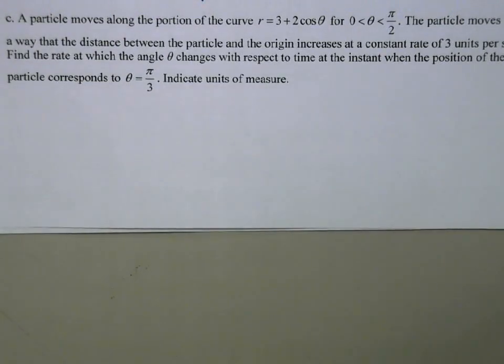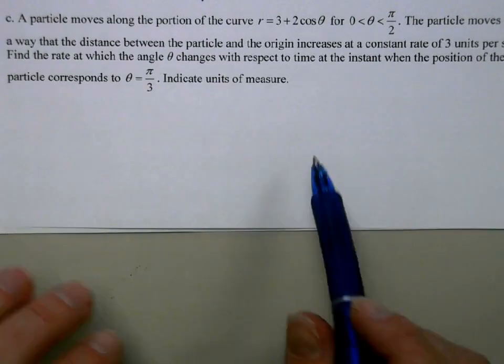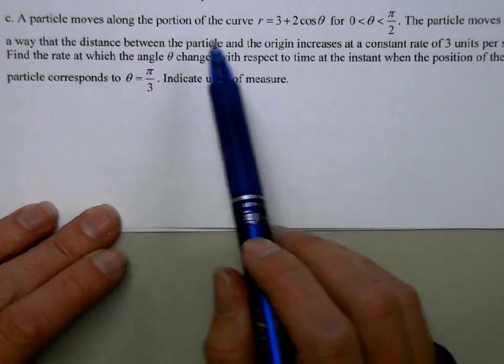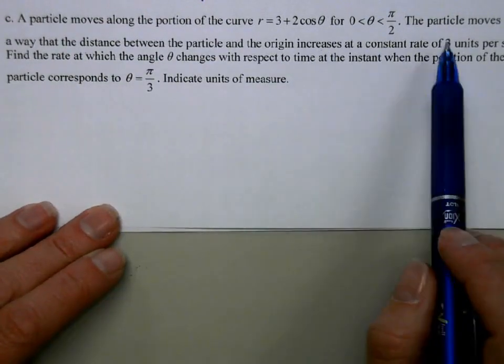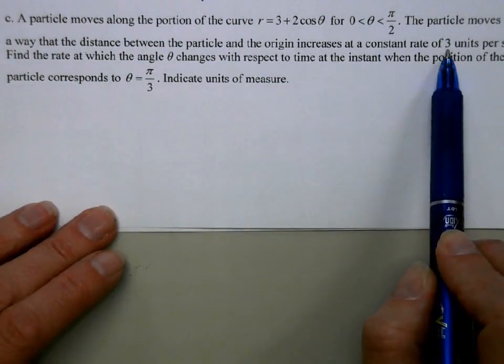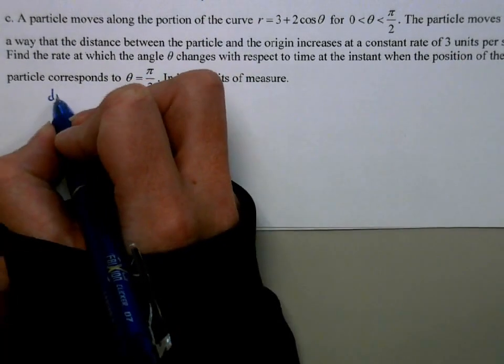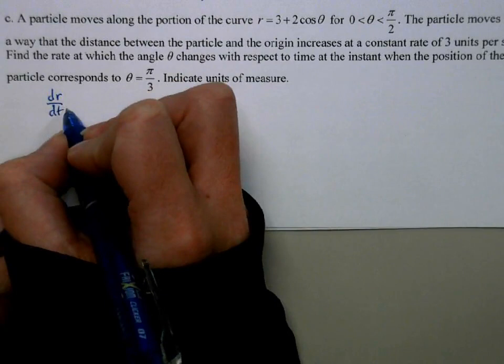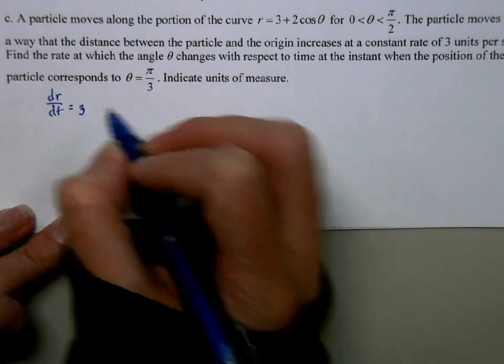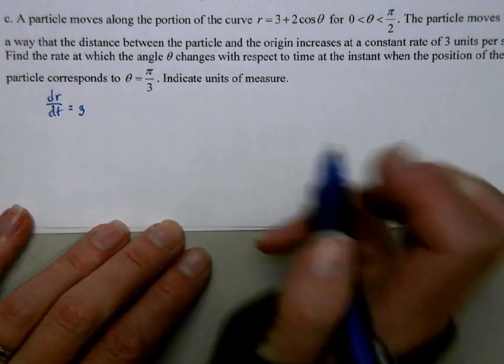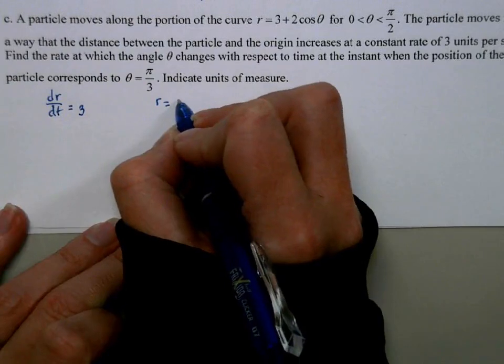All right, so looking at this problem, it says the distance is increasing at a rate of 3 units per second. Well, the distance from the origin is just the r value. So that's really saying dr dt is a positive 3. Okay, well, we have our equation r equals 3 plus 2 cosine theta. And I'm going to take this derivative with respect to time.